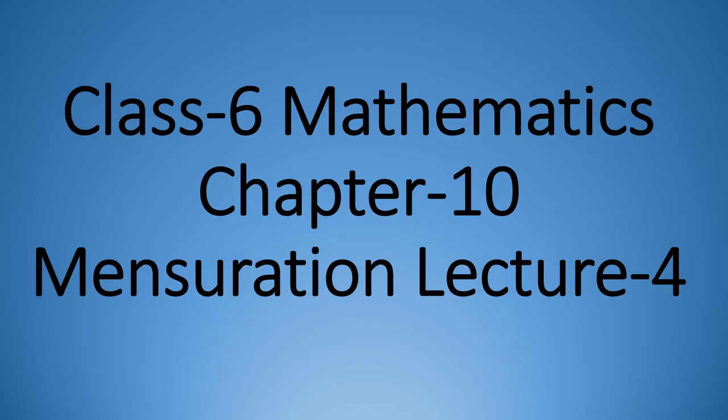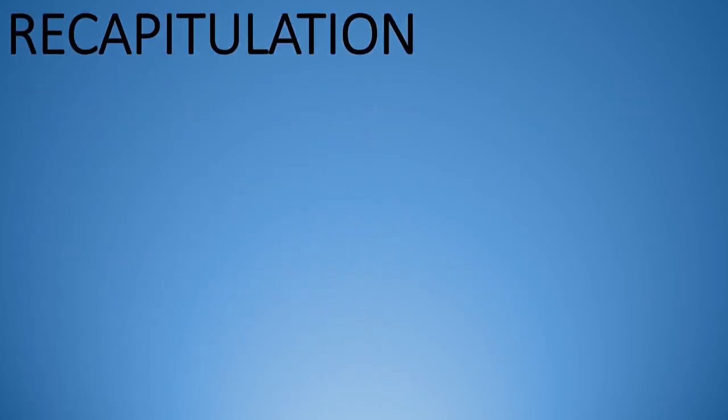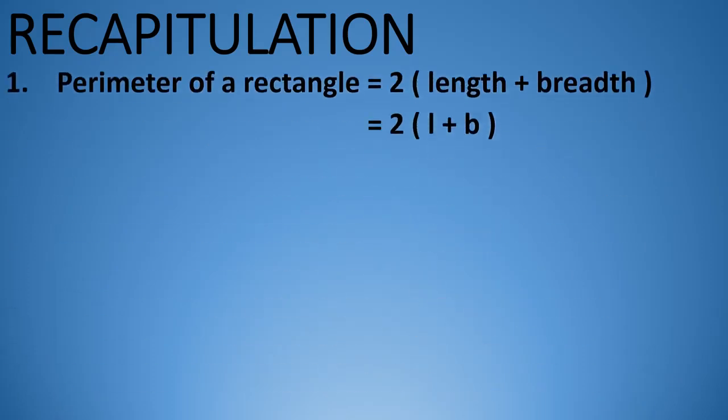Welcome to class 6th, subject mathematics, chapter 10, mensuration, lecture number 4. Let us recapitulate first all the formulas that we have done till now. Perimeter of a rectangle equal to 2 bracket length plus breadth.